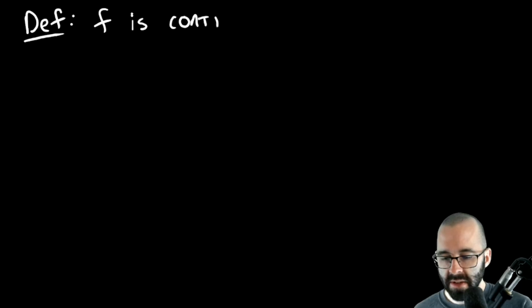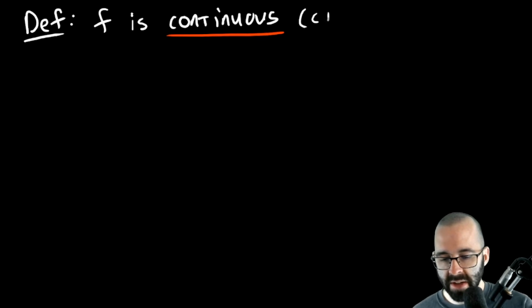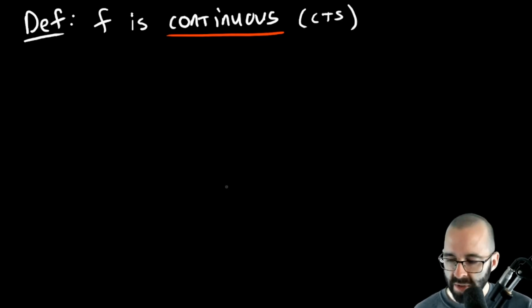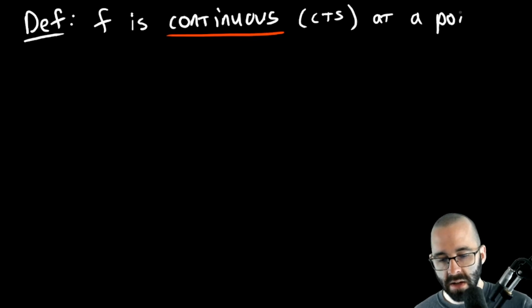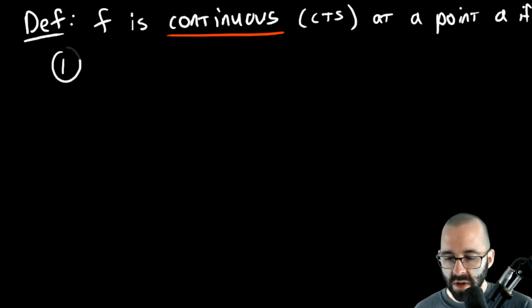Okay? So a function f is continuous, and I'm always going to abbreviate continuous. It's much too long of a word. A function f is continuous at a point, at a point a, if we need three things to happen.